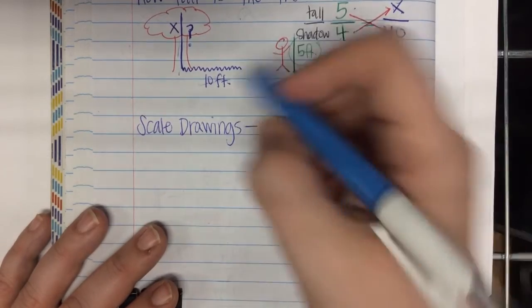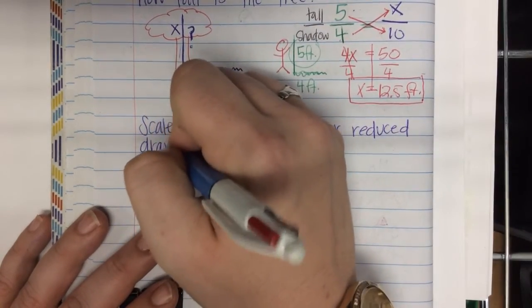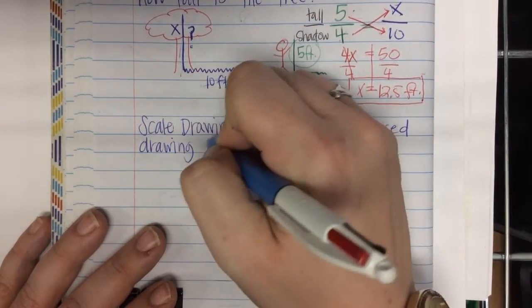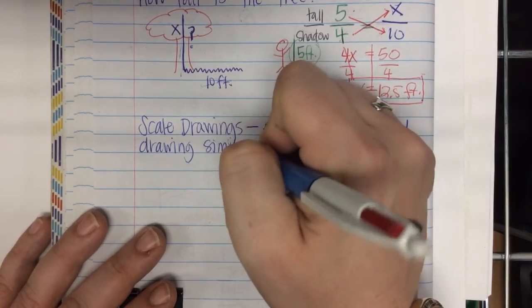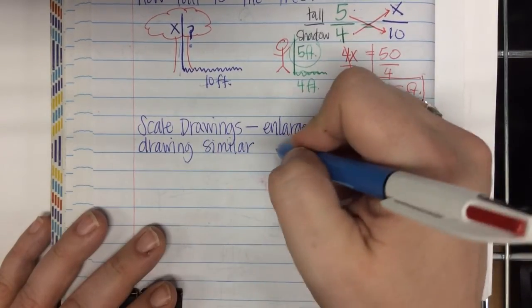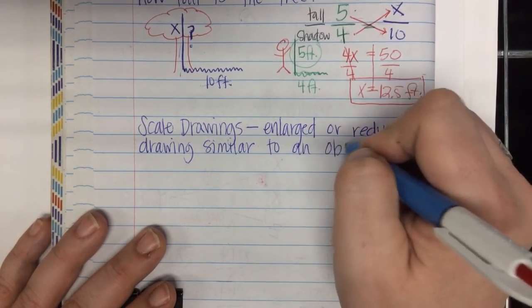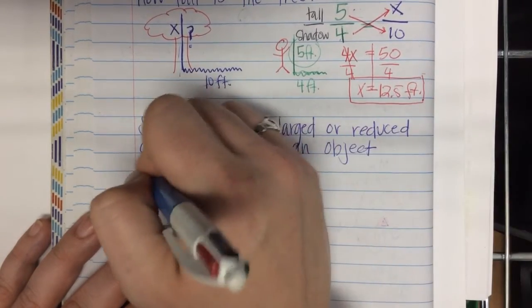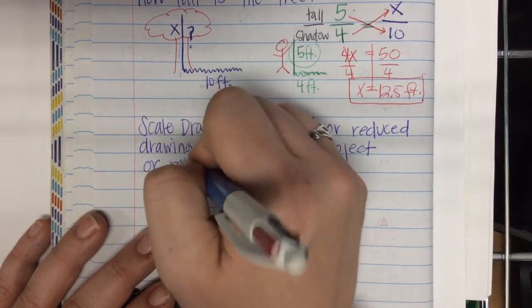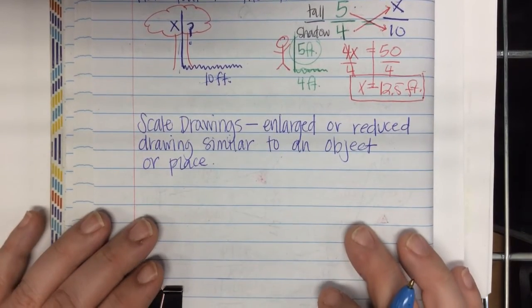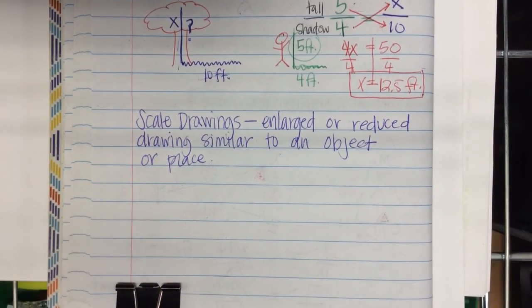So it is an enlarged or reduced drawing similar to an actual object or place. Right, and we talked about similar figures yesterday.